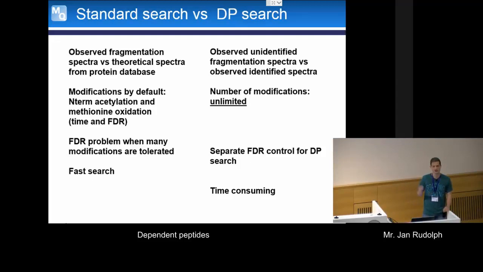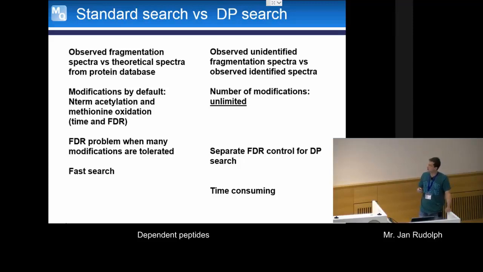And this is mostly due to the speed of the analysis, and especially since just including more and more variable modifications will really blow up your FDR because it goes with the database size. In the dependent peptide search, we can actually search for an unlimited amount of modifications, and we are also not restricted by any predefined list of modifications. Rather, every mass shift will be considered.